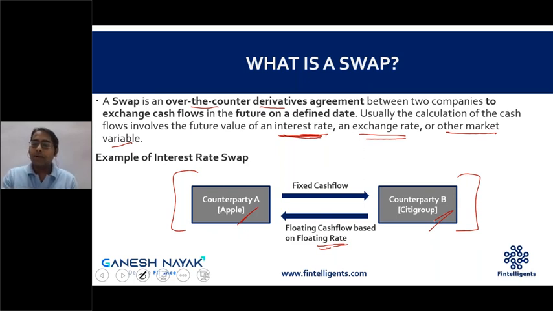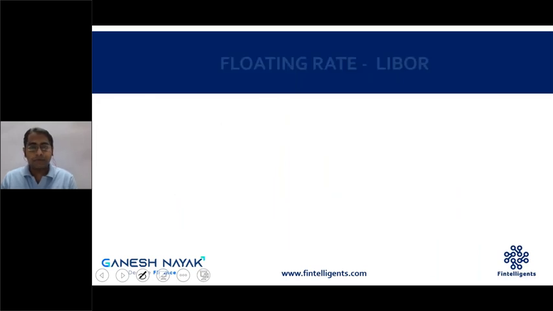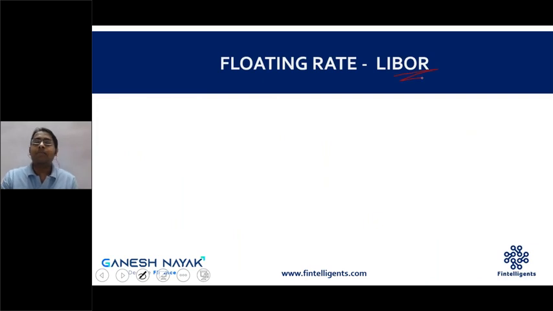Okay, now let us look in detail at what exactly is the floating rate that is being talked about. The floating rate generally that we use is the LIBOR rate. LIBOR is the London Interbank Offered Rate. This rate is decided every day by the British Bankers Association, and this rate is available for different maturities. That means the rate is available from today for the next 6 months, from today for the next 1 year, from today for the next 9 months.